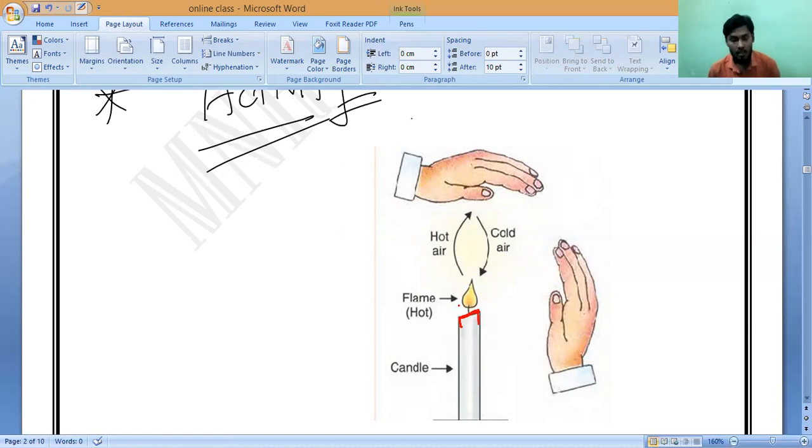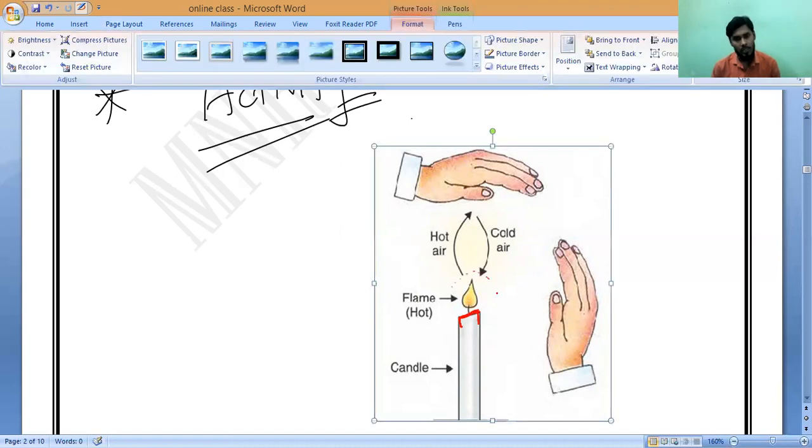It is lighted already. The air which is present closer to this candle will start heating first. Once it starts heating, it will become lighter, which means density will decrease.